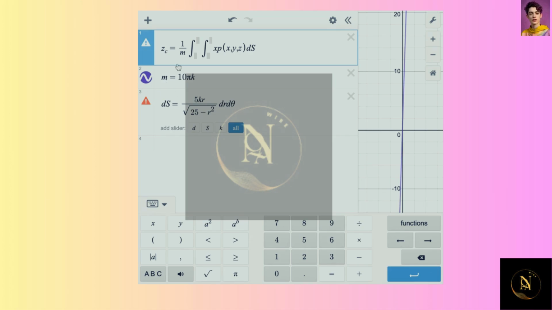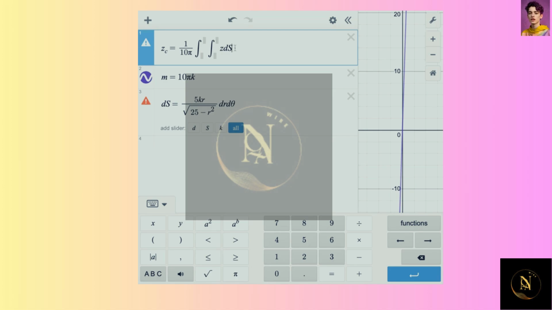We know that our mass is 10 pi k times, this will be z. Since we know our rho is k, we can write this as a k right here. And our 10 pi k, so the k's will just cancel out, so we'll be left with this.